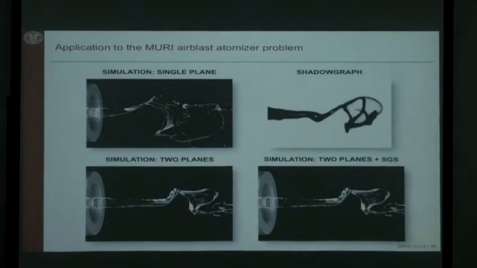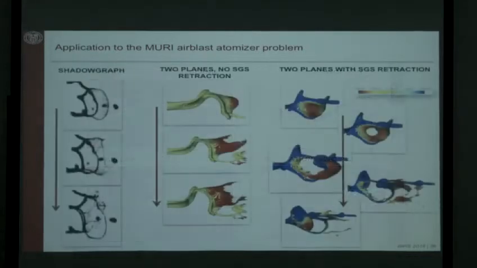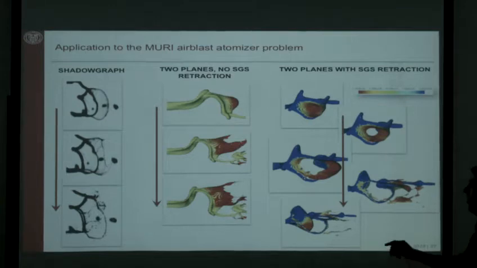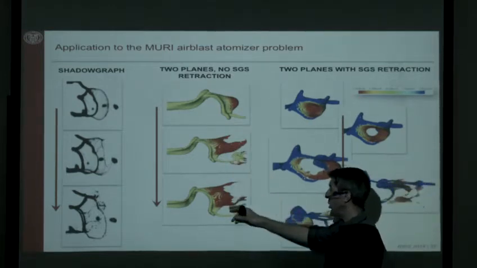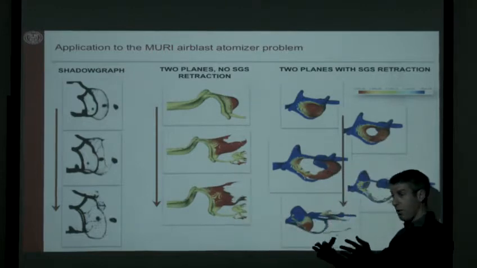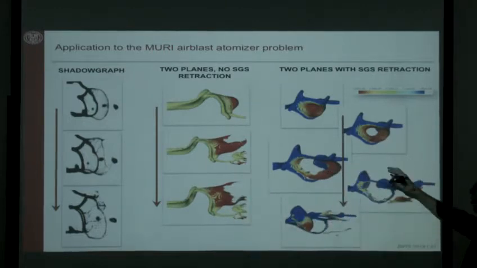But ultimately, what I want to show you is what happens if I simulate with two planes and the subgrid scale retraction process. Instead of showing you movies, which kind of end up obscuring things, I'll just highlight the difference here between the situation where we don't model the retraction, where we end up with this sheet kind of flapping around, to the situation where we model the retraction.